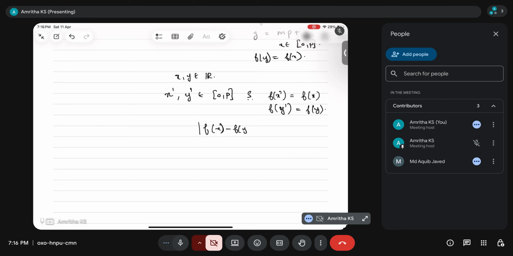This is equal to... Now, if |x minus y| less than delta, sorry, we have to show that whenever |x minus y| less than delta, what is your delta? We have to choose the delta.